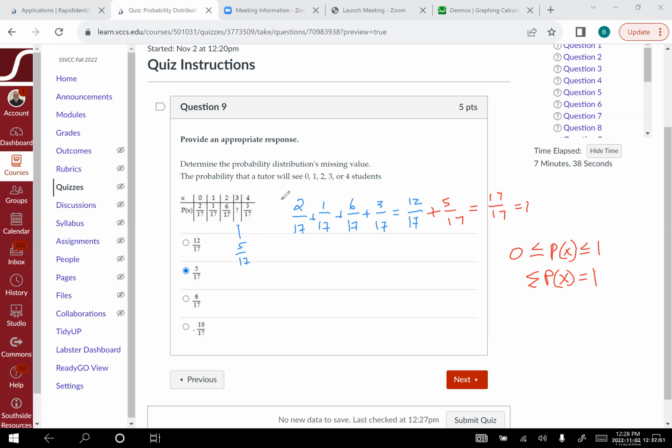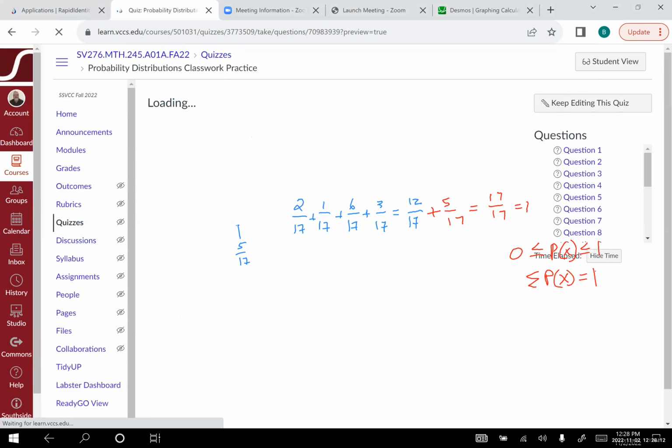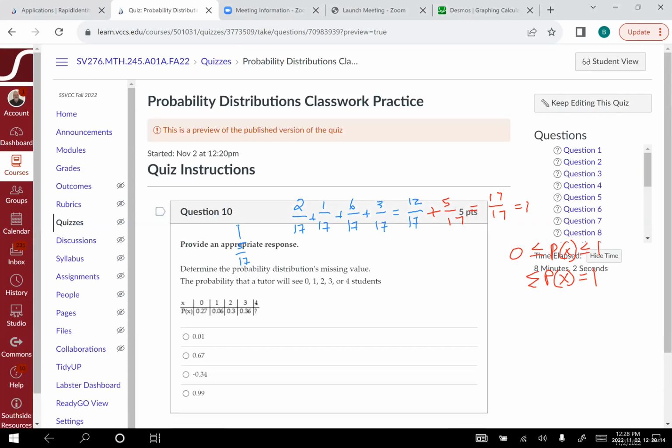Since they're asking for a missing value, we really are just looking at having them add up to 1. So what you said is, for this question, exactly right. Not partially right. Another one like this might require a calculator because now we have decimals.